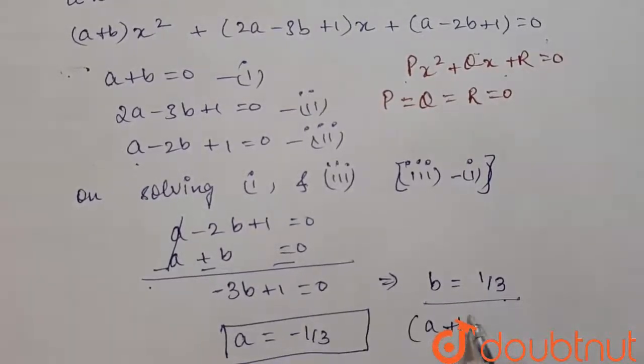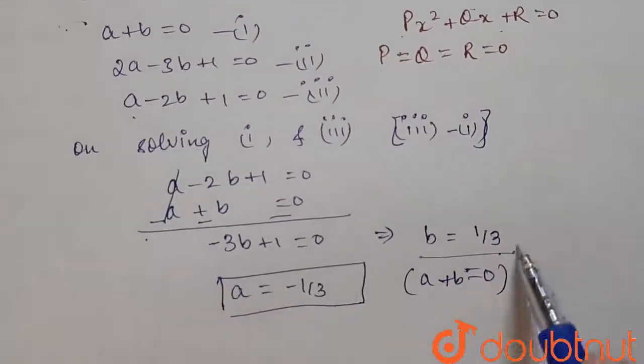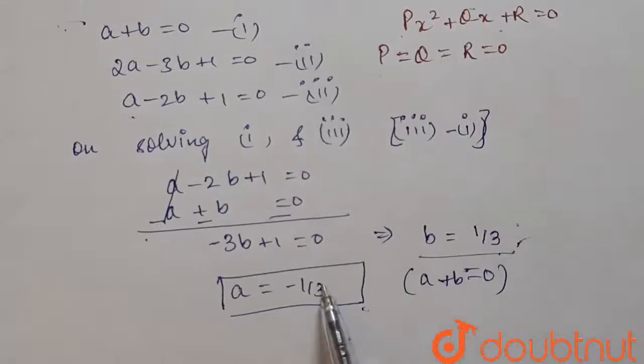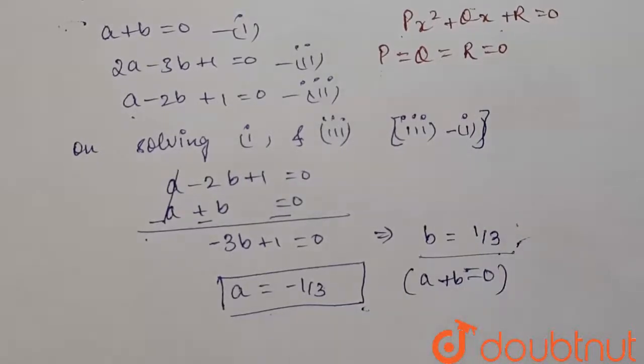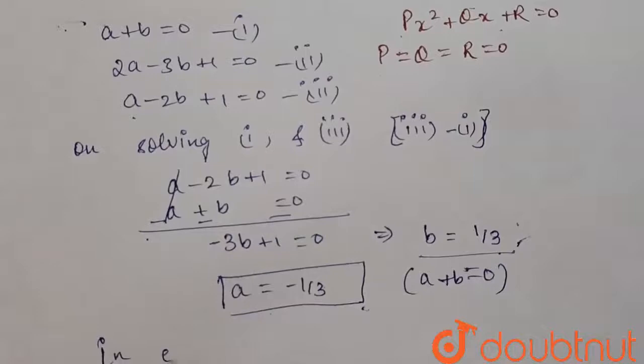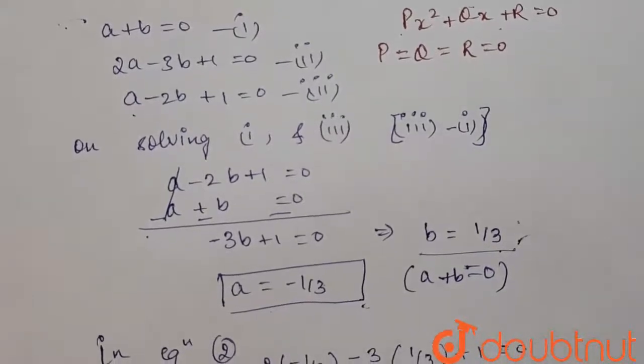As a + b = 0 is given, we have this value. Now for these values of a and b, equations 1 and 3 are 0. Now we will check equation 2. So 2 times (-1/3) - 3 times (1/3) + 1 should equal 0.